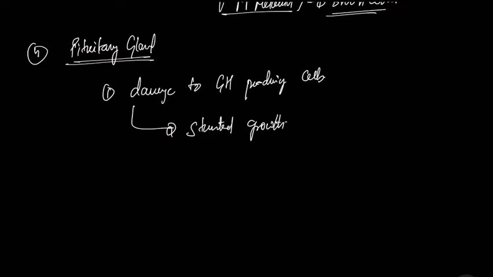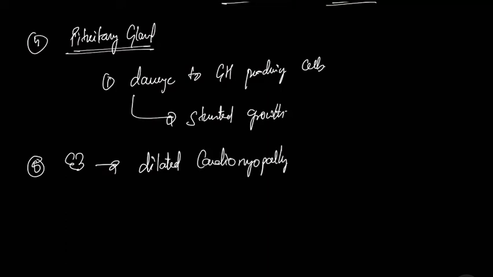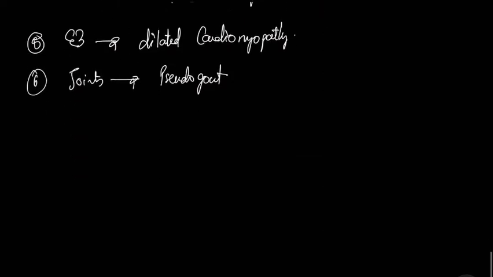All right, now fifth, the heart. All right, what happens in the heart is that we see dilated cardiomyopathy. All right, and sixth, your joints. All right, we see something called pseudo gout. All right, this isn't exactly gout because we know what happens in gout. This is a different type, that's why it's called pseudo gout.